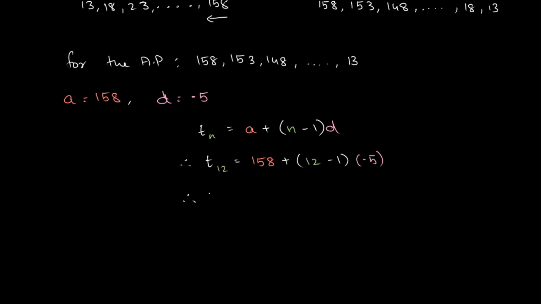T12 will be equal to 158. So 12 minus 1 is 11. 11 into minus 5 is negative 55. So 158 minus 55. I can get the final answer, T12, the 12th term from the end, is 103, right? 158 minus 55.